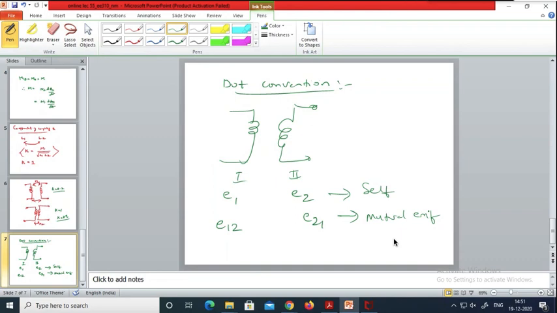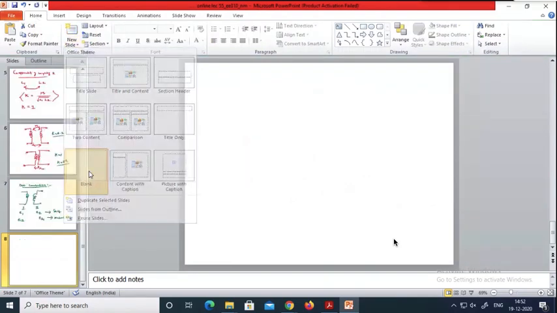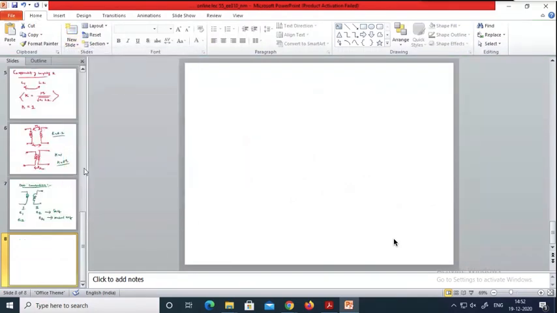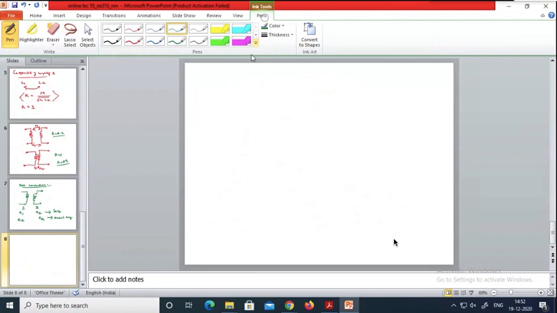I have to find out these relationships. As a result, there is a concept called the dot convention, which is used here. Let me explain that to you.